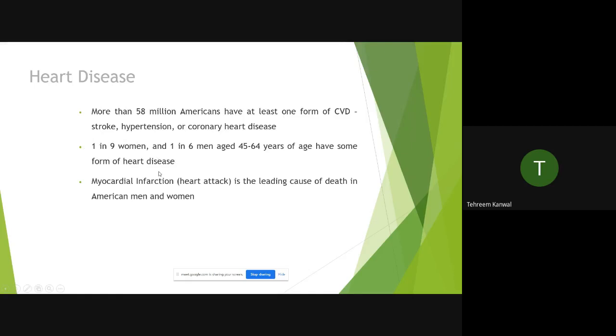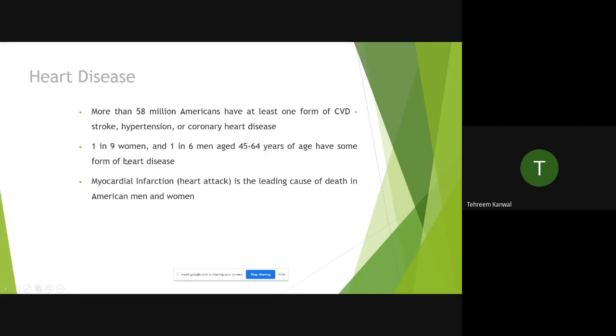According to new statistics, in Pakistan, women present more with coronary artery disease on the ECG than males.